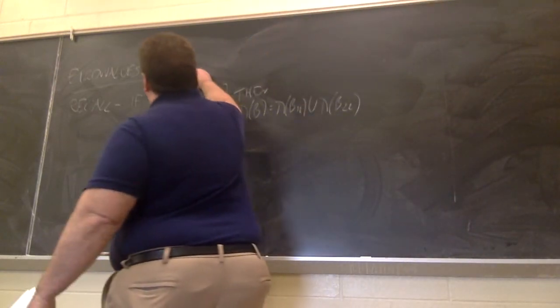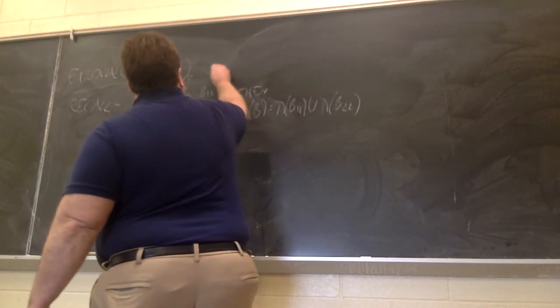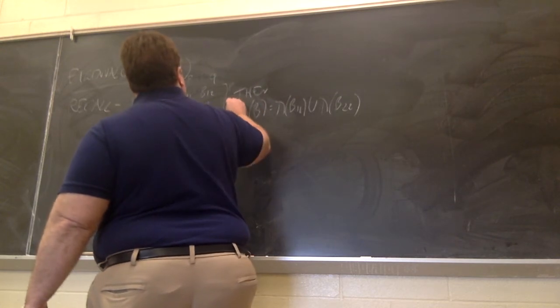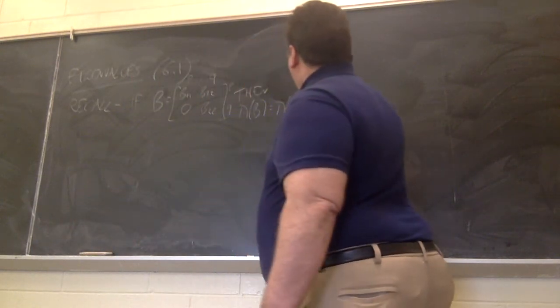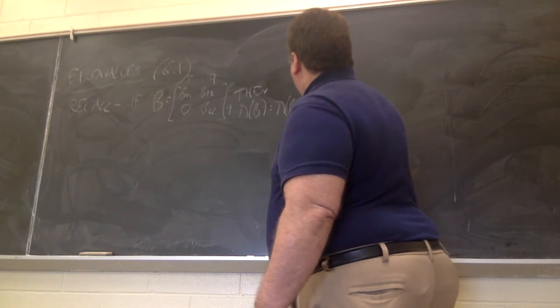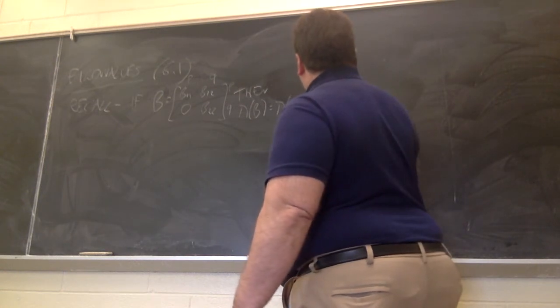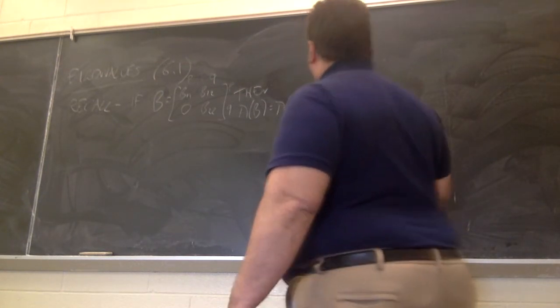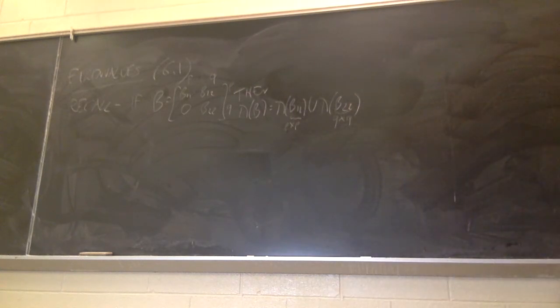So B11 is P by P, and B22 is Q by Q, where P and Q can be anything. A consequence of this is that if a matrix is upper or lower triangular, then the diagonal entries are the eigenvalues.